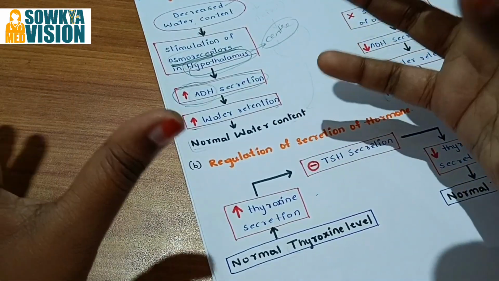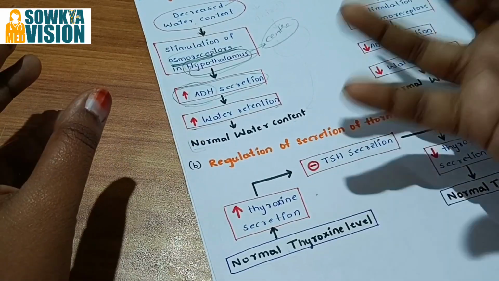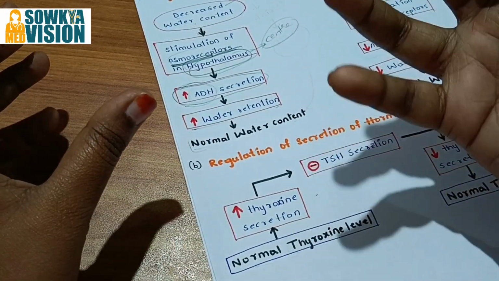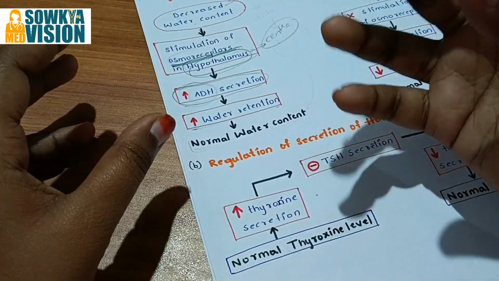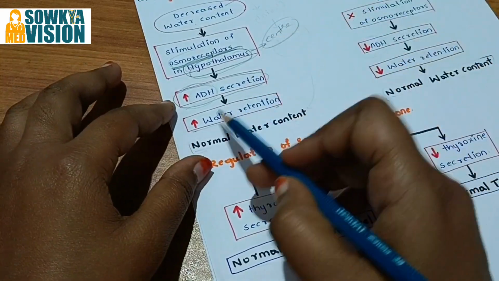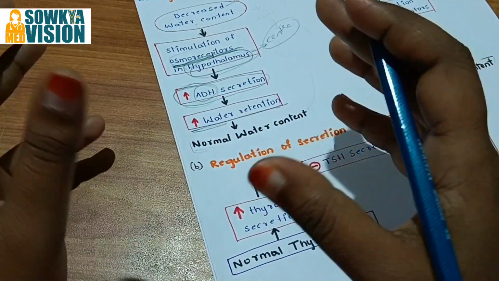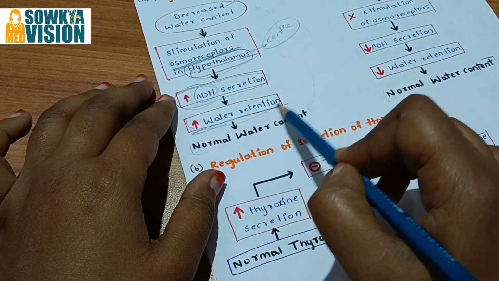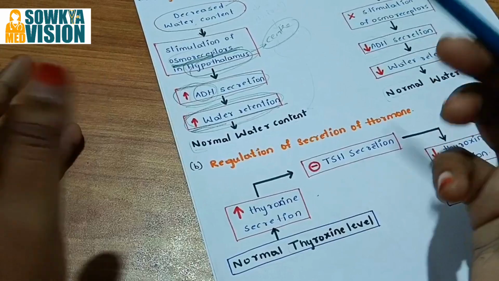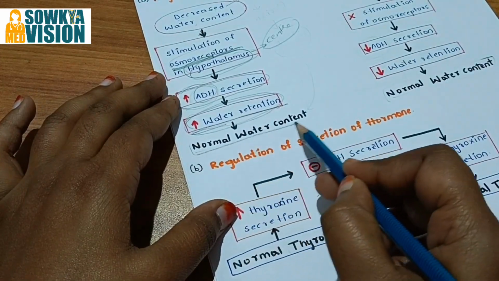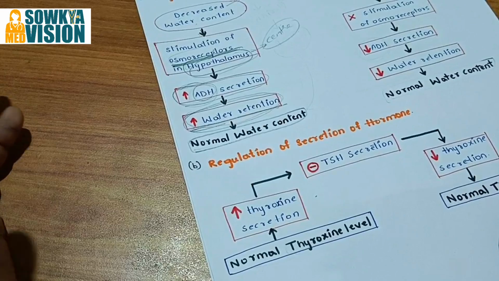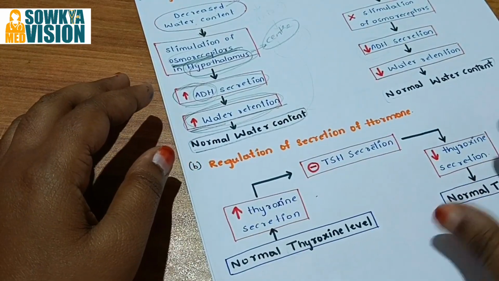It reabsorbs the water content from the filtration, and there is increase in water retention. As the ADH reabsorbs the water, there is increase in water level, increase in fluid level.